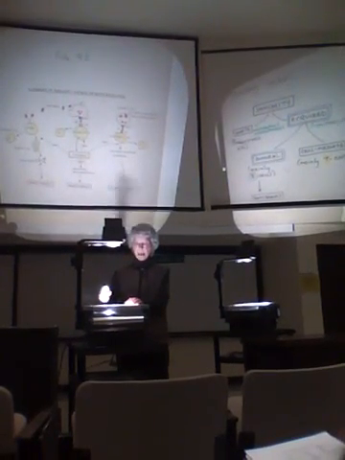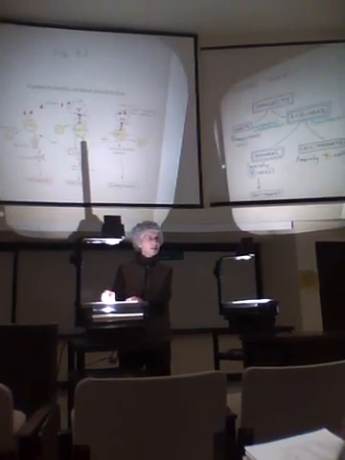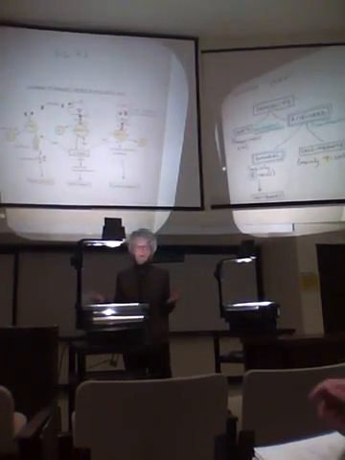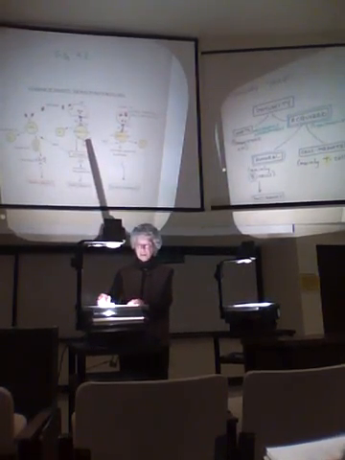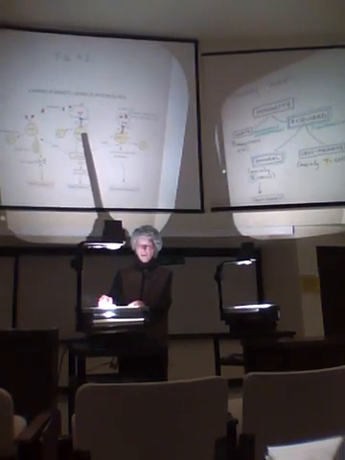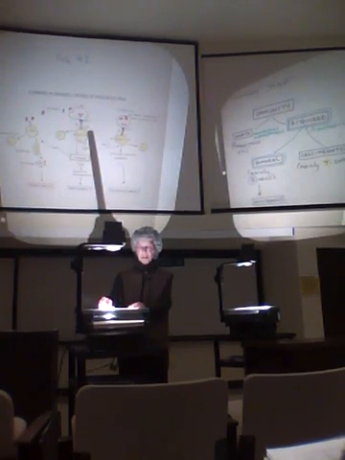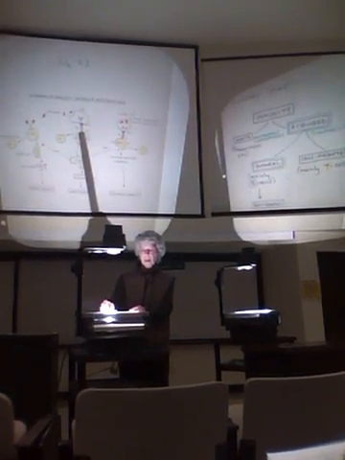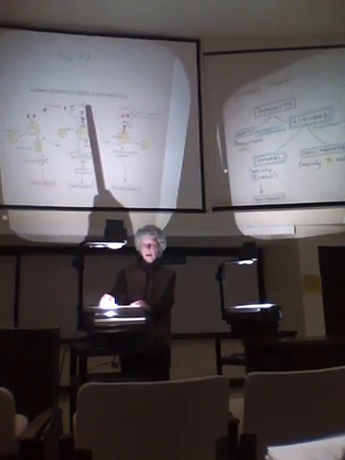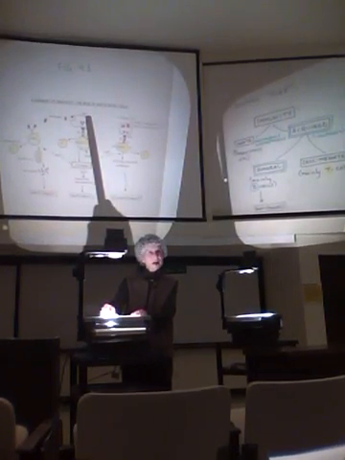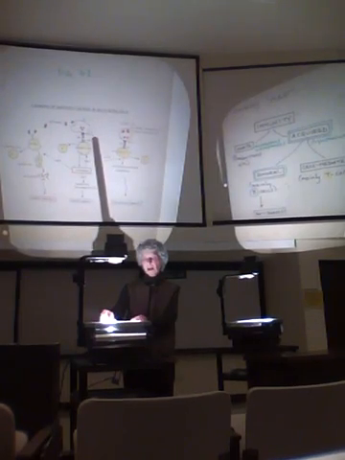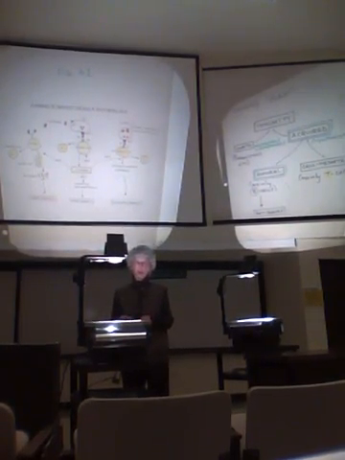In the center here, helper T cells, I put them in the center because they have a very central role in all of immunity. Helper T cells have their own specific T cell receptors, and these respond to antigens which are presented by the antigen-presenting cells, the professionals, the dendritic cells, etc., together with an MHC2.